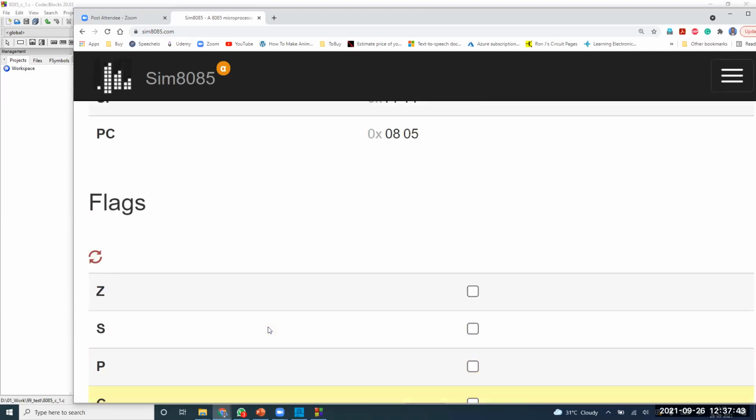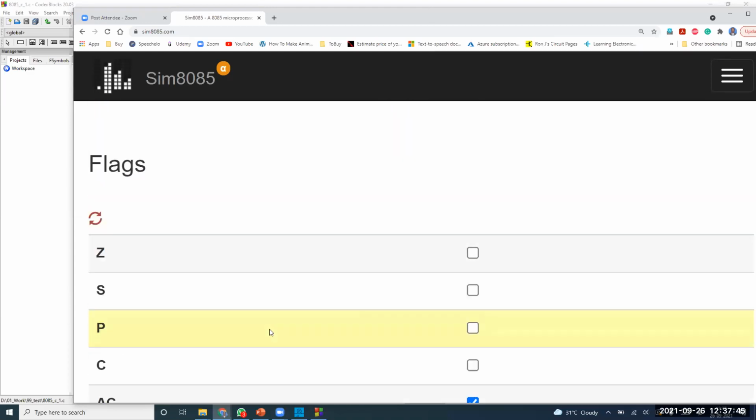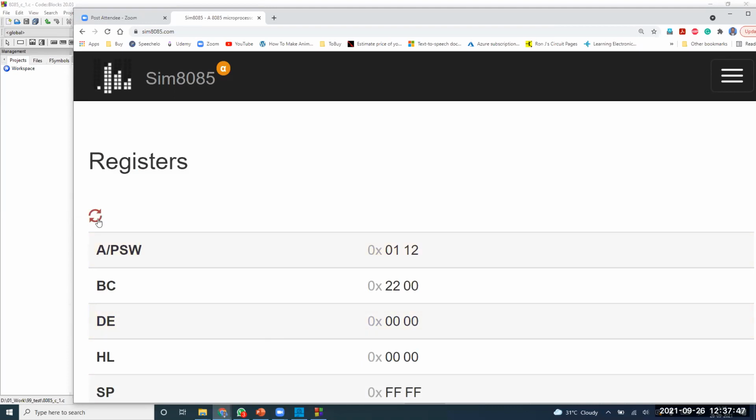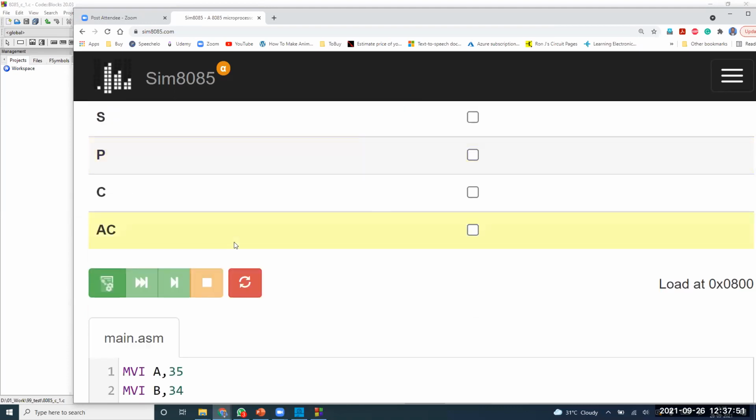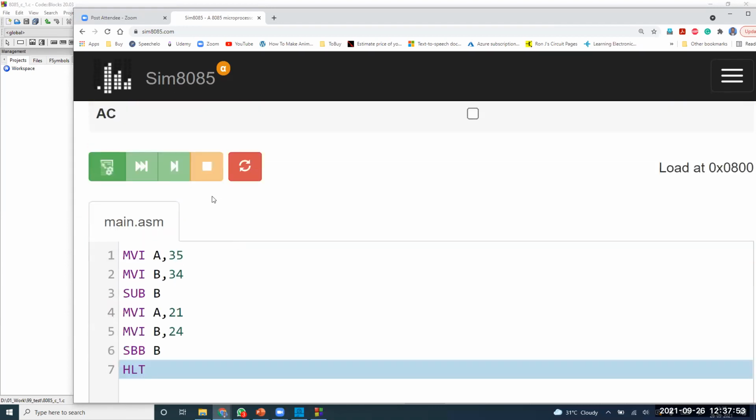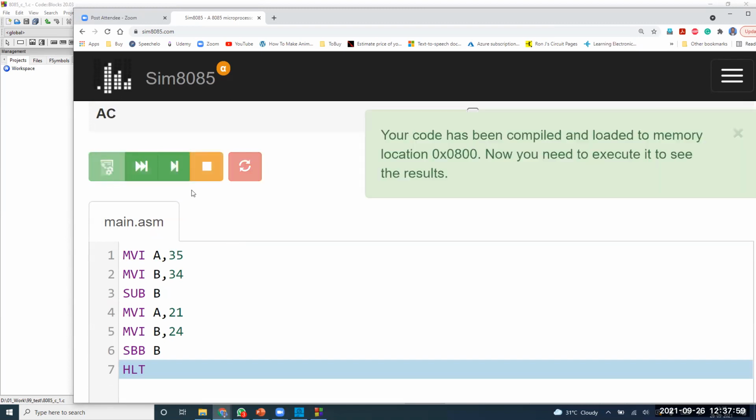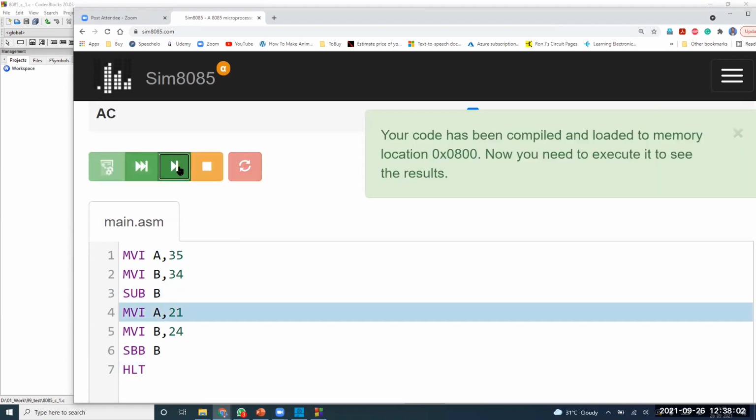Now you see here how this is happening. I reset the registers. I reset the flags. I compile it. Then I execute line by line.